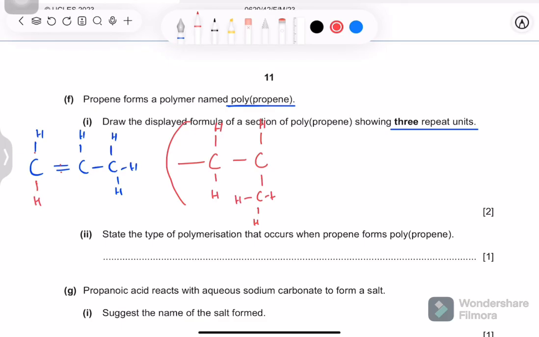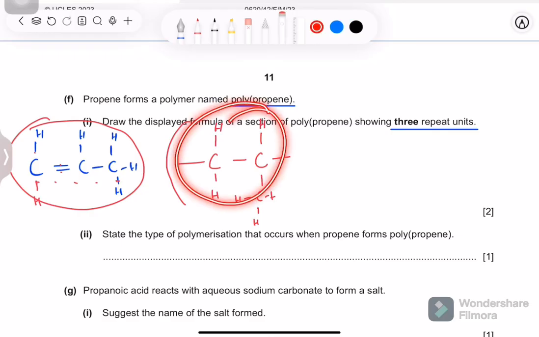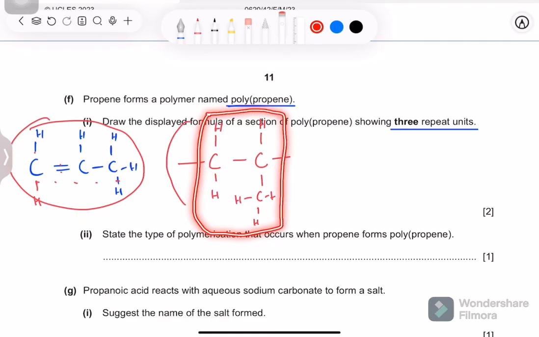Now this will continue on because this is a monomer. Many of these molecules join together to form a large polymer containing thousands of propenes. So what we have to do is draw a propene once again. This is the propene we drew. Now we connect another propene to it.